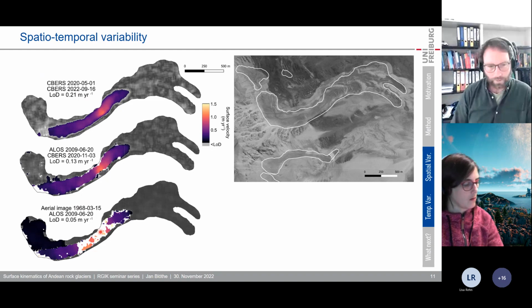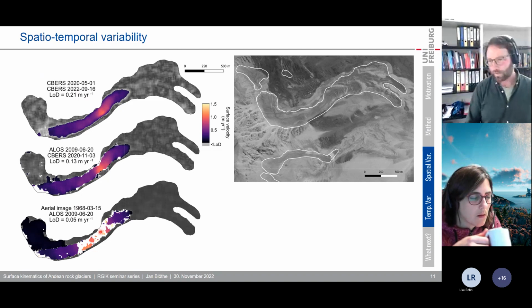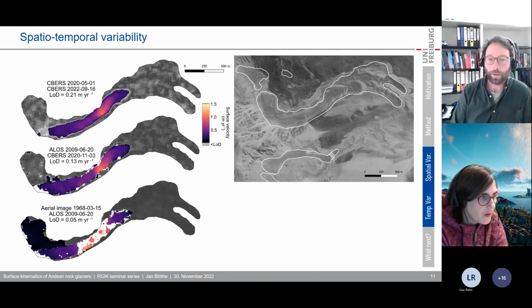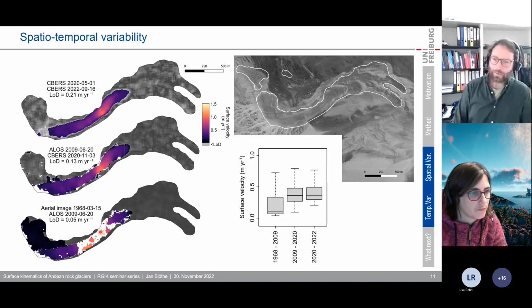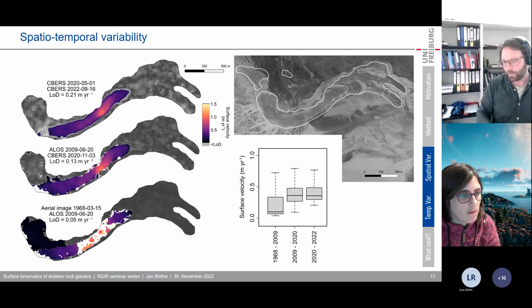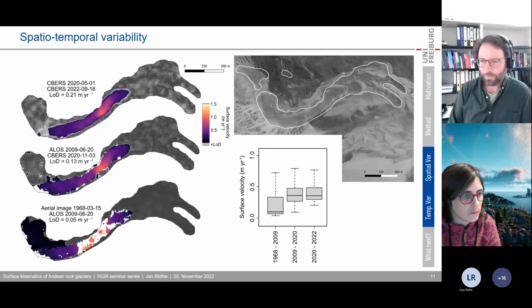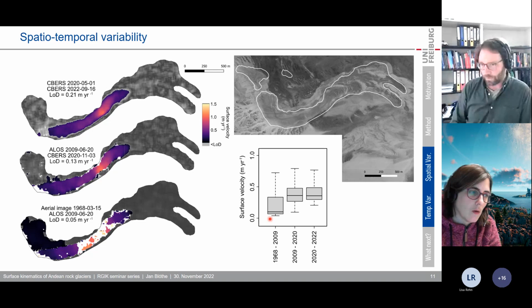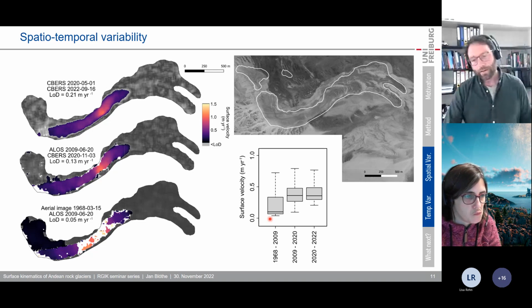But still, we can come up with a quick and dirty analysis of what our surface velocity patterns look like. And if we look at the distribution of this, we get the impression that between 2009 and 2022, we don't really see any change in surface velocities, also in agreement with what I've shown you before.